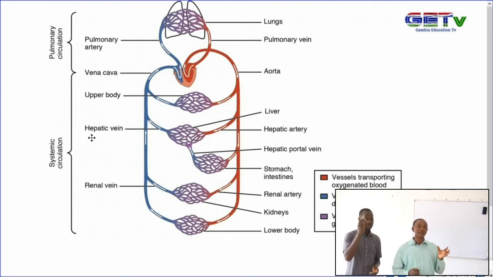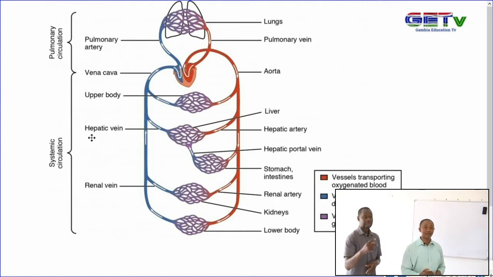The blood vessels relating to the lungs, we describe them as pulmonary. And remember, generally we say blood vessels that take blood out of the heart, we describe them as artery. And those that bring blood back to the heart, they are veins. So if we go back to the lungs, the blood vessel to the lung is the pulmonary artery. The one coming from the lung back to the heart is the pulmonary vein.